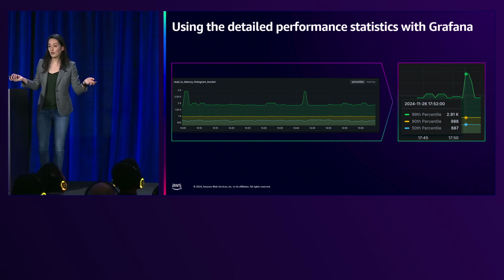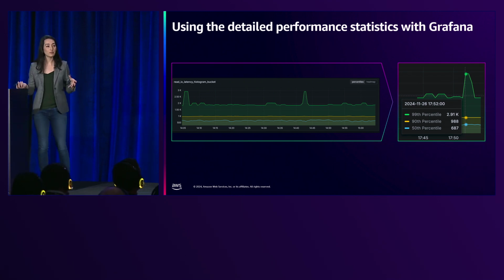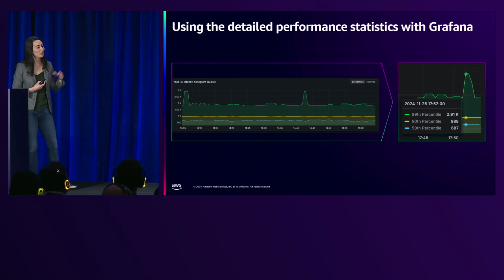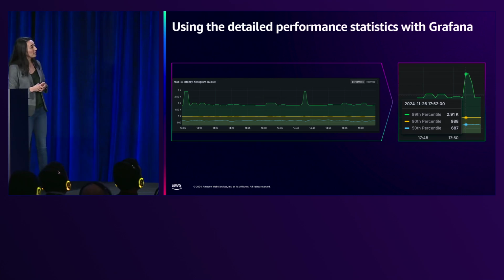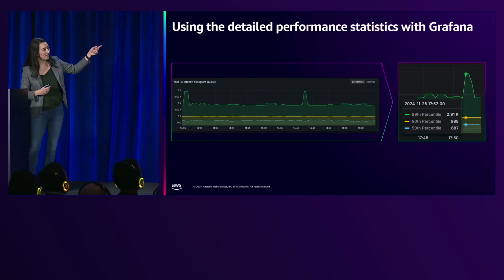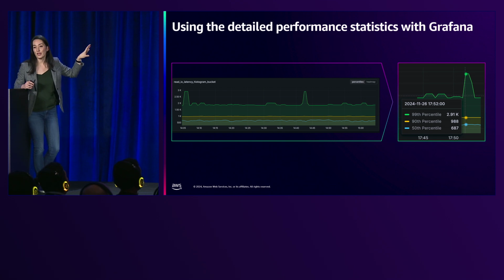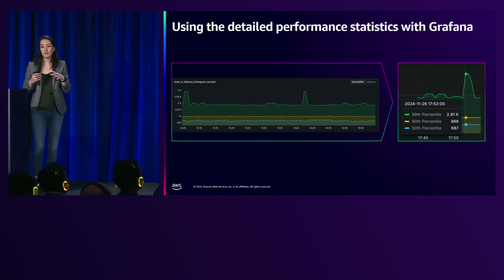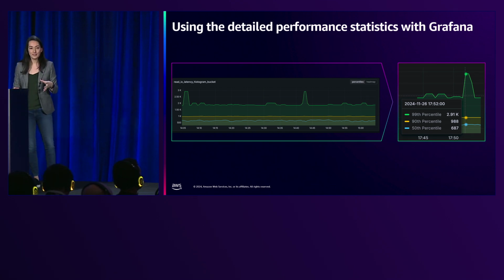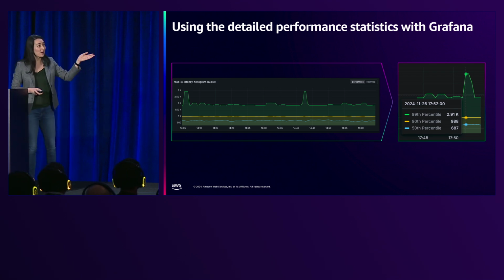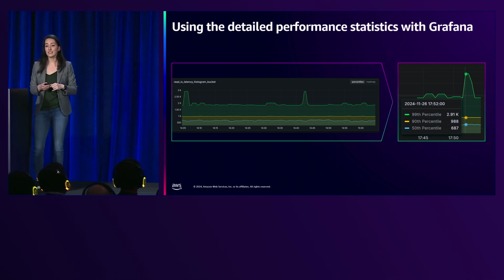So if you pull those histograms into some of your observability platforms, let's say Grafana, which this one is, you can see some really cool trends in your performance. So here, you can actually see the P50, the P90, and the P99 I/O latency for the volumes during that period. And so if you have a latency-sensitive application, and I hope you're using IO2 for those, like Jody was mentioning, you can actually see what that outlier latency looks like.